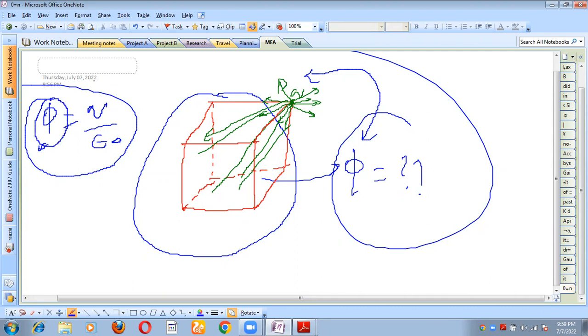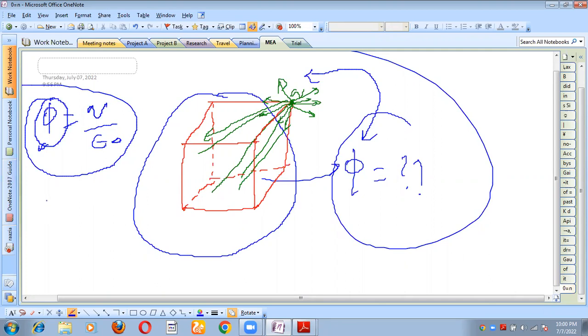The most important thing over here will be to select a Gaussian surface, and you will learn how to select a proper Gaussian surface for a particular charge configuration.